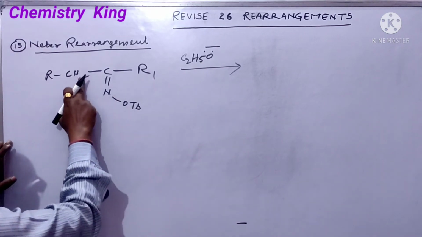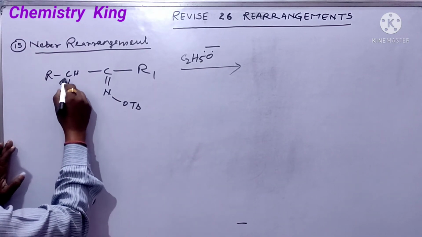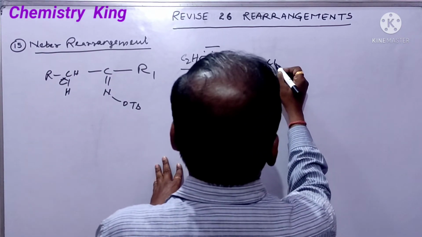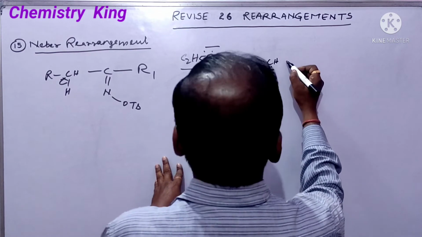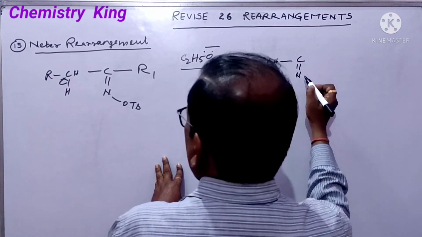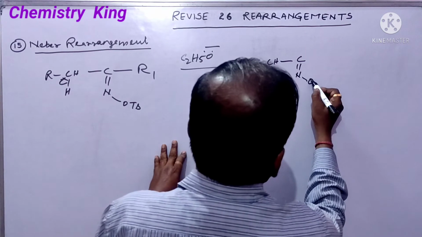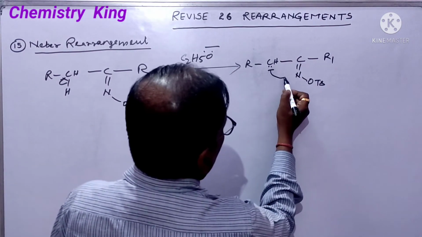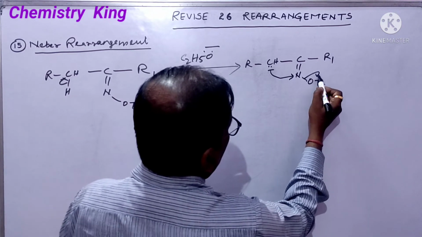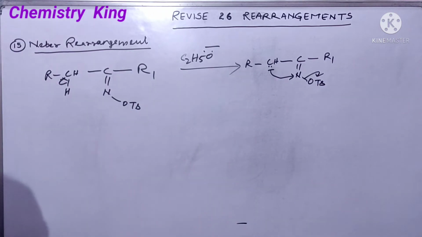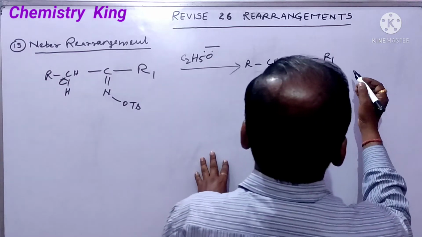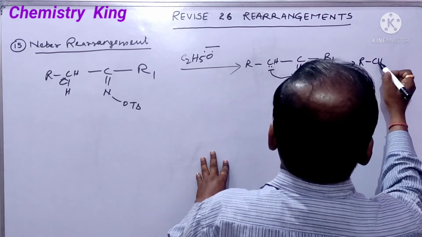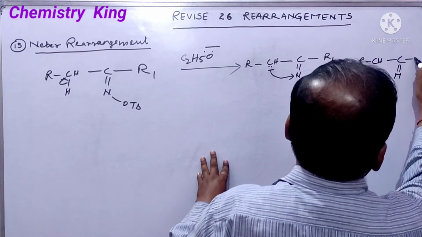This base will extract this hydrogen and you will get RCH minus C double bond N OTs bond R1. Now it will attack on it with release of the tosylate anion. Okay, and it is RCH C double bond N R1.